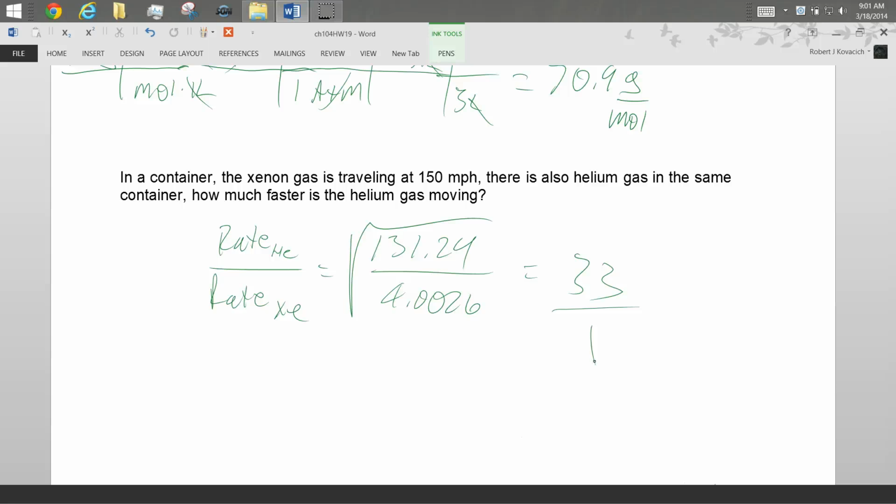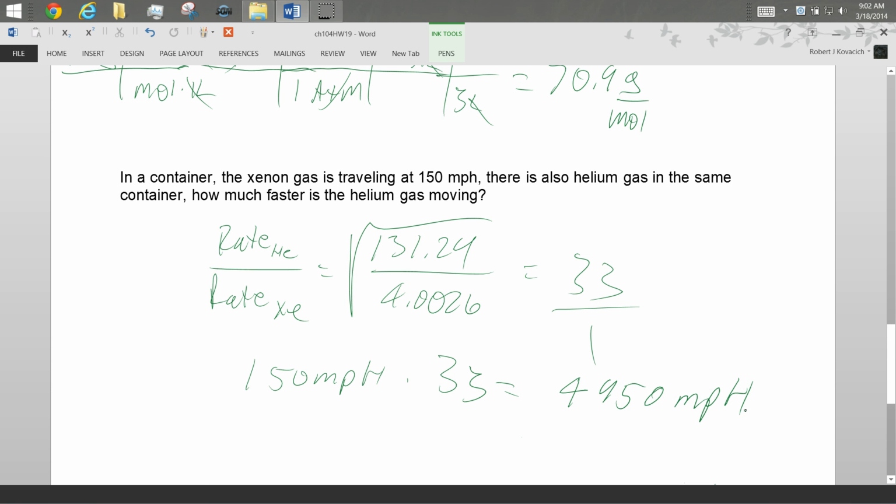So how fast is the helium moving? Whatever the xenon's speed is times 33. So 150 miles per hour times 33. So I get 4950 miles per hour. Do you have to take the square root of 33? Yep. You gotta take the square root.